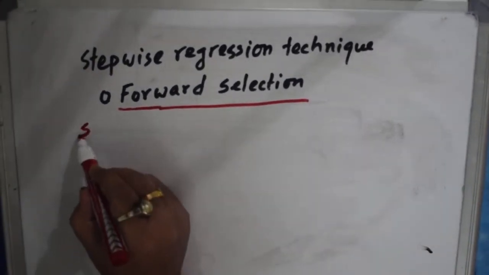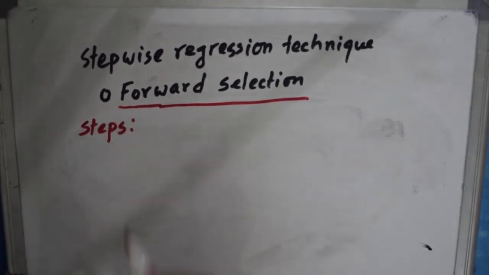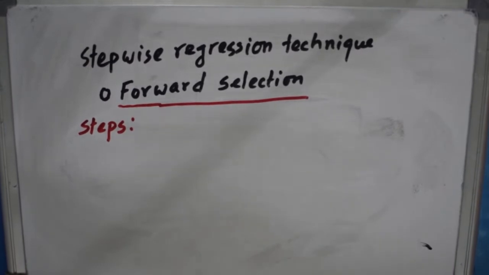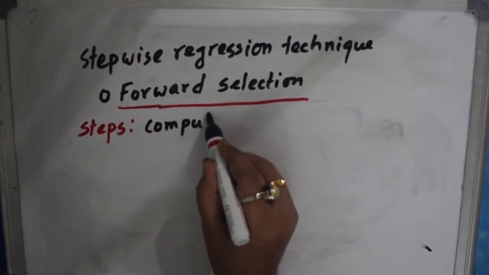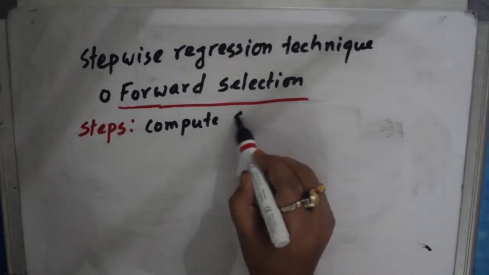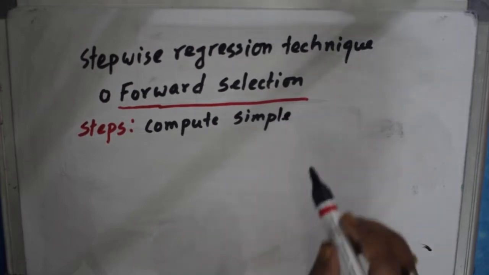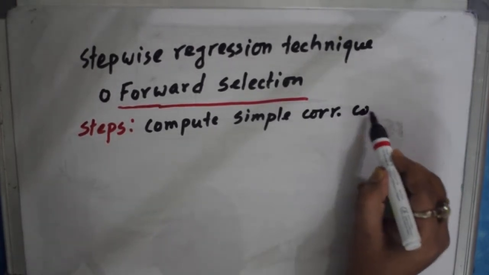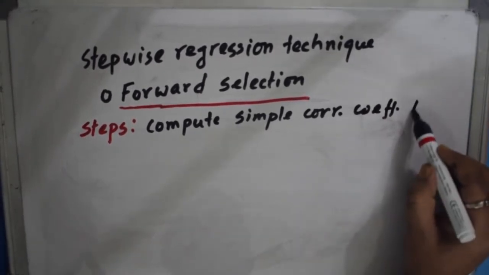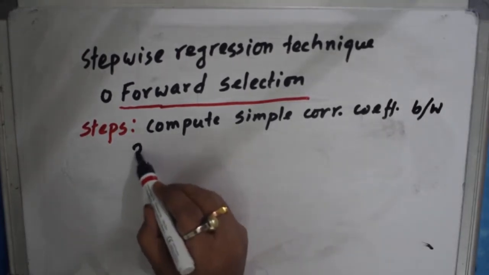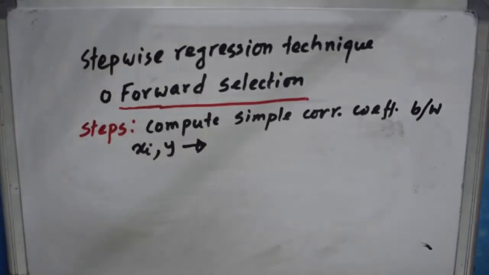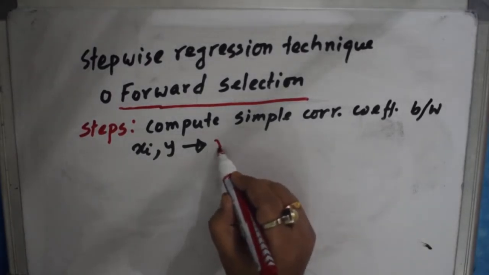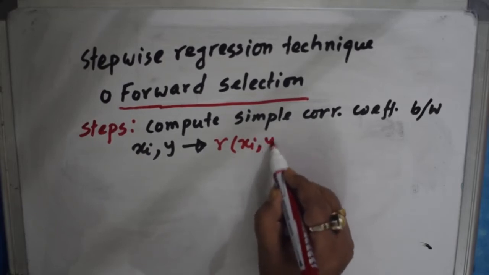First, compute the simple correlation coefficient between xi and y. We denote this by R xi y.